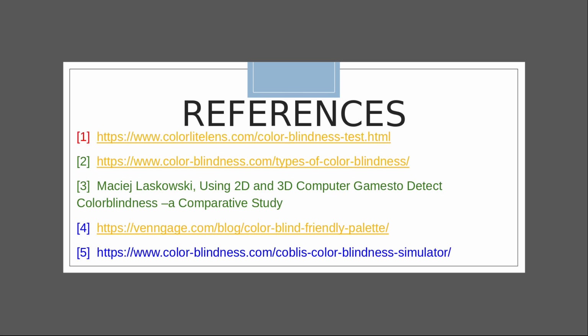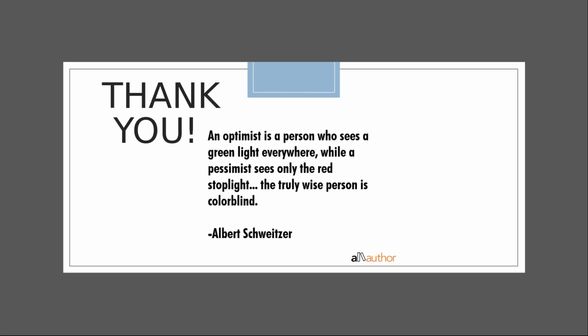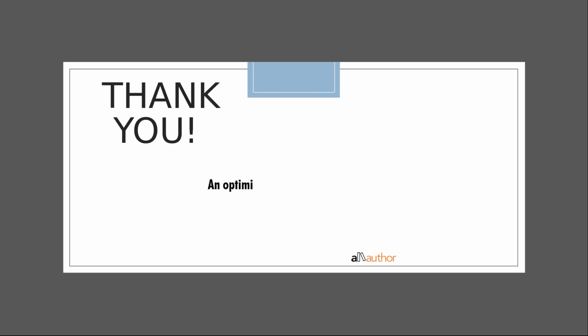The second reference is the theory about color blindness, what the types are, etc. The third one is a very good paper about how virtual reality games can be used for detecting color blindness. So this is what we did till now and what we are planning to do.